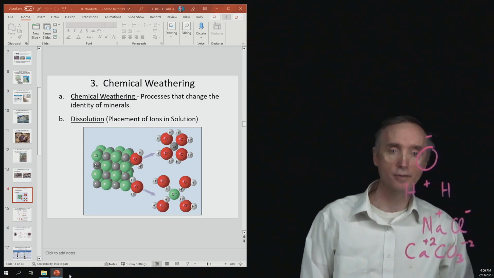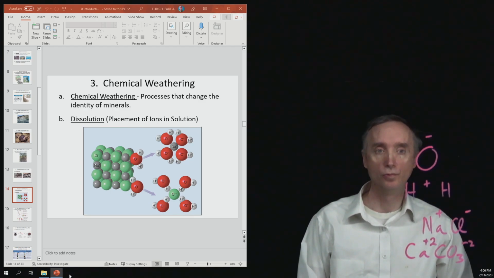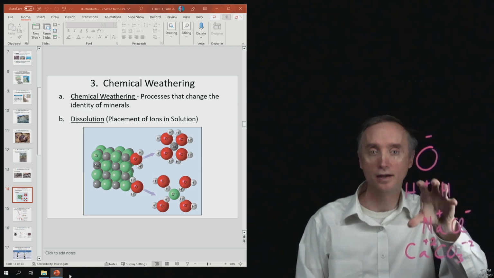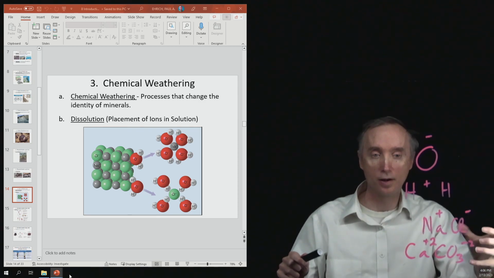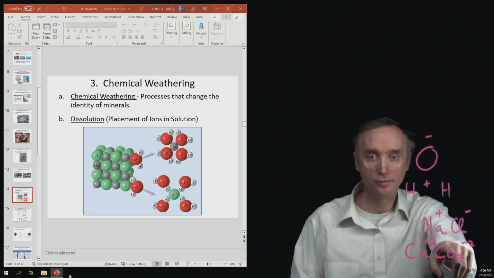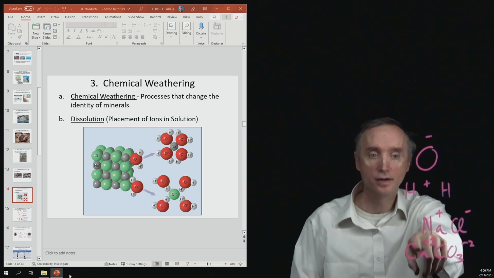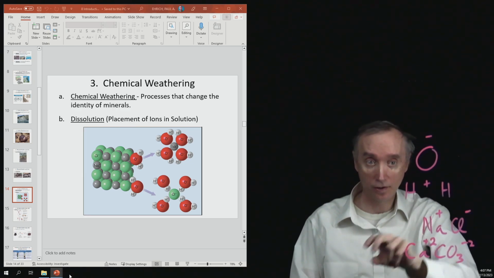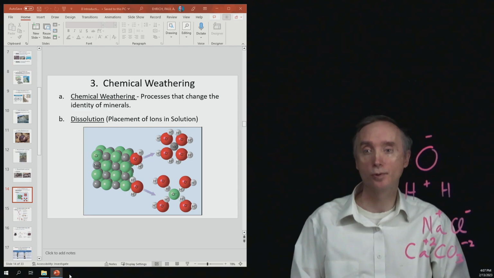So when water gets into calcium carbonate, it can pull apart the calcium carbonate into solution, and then these two ions get into the groundwater, and they can be redeposited as calcium carbonate. They can go back together again, and that's where we get stalactites and stalagmites from.